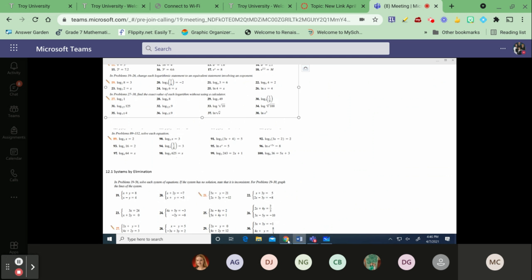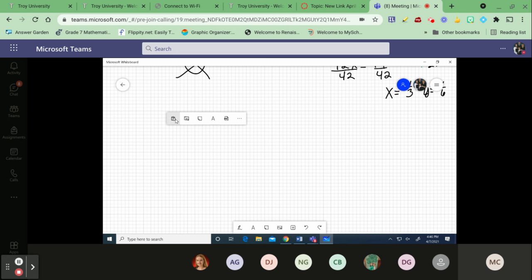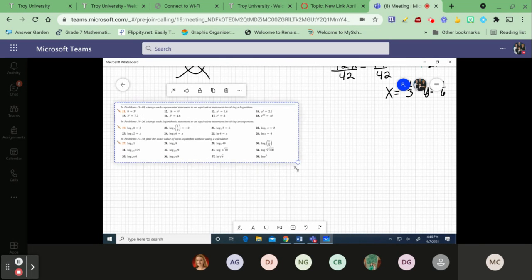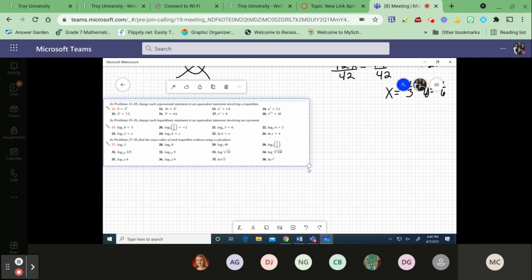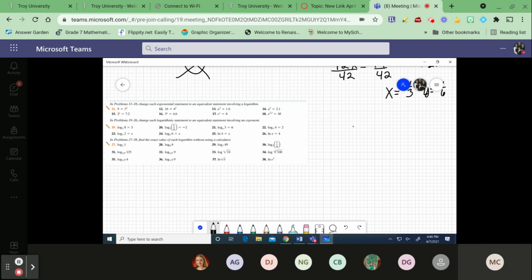All right, when I am looking at a logarithm, what I am looking at, guys, is an inverse of an exponent. Okay, so like I know two to the third equals 8, right? 2 times 2 times 2 gives me an 8.